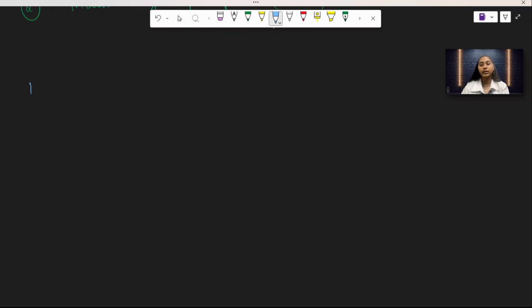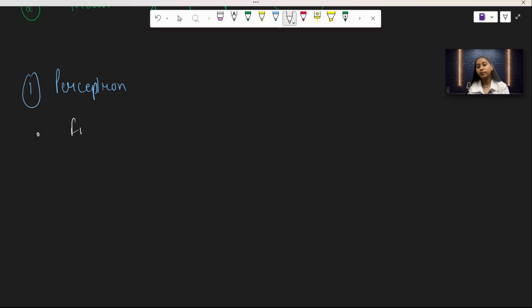So first is the perceptron. What is a perceptron? It is the single layer neural network.